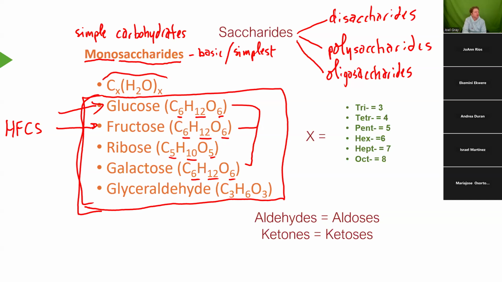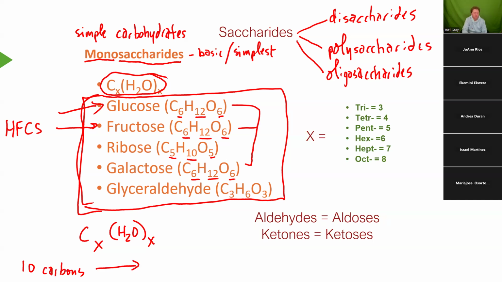Now, this formula is basically the makeup of a sugar: CX(H2O)X. Essentially, whenever we talk about sugars, we look at the number of carbons. If a sugar has, let's say, 10 carbons, you can predict the formula of it.